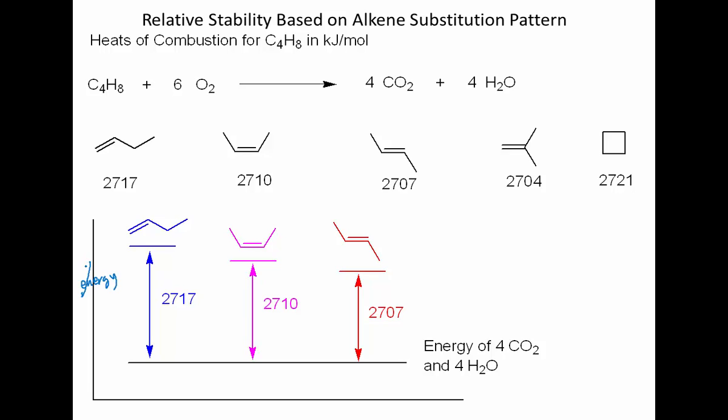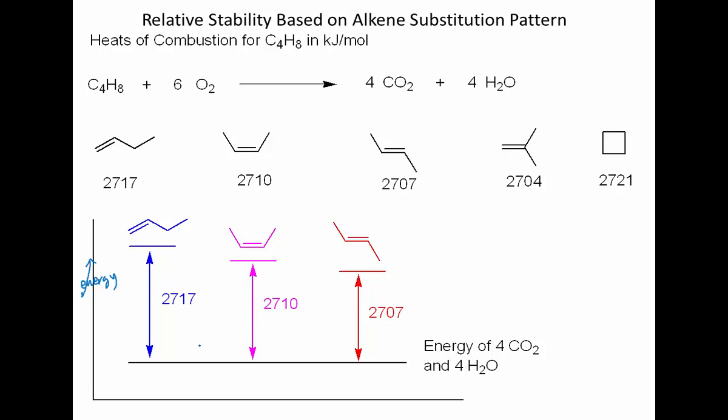So this is increasing energy on the y-axis, remember. What we see is that the higher heat of combustion one, which is the monosubstituted alkene at 2717 kilojoules per mole, is higher in energy than the cis alkene, which is higher in energy than the trans 2-butene or trans 1,2 disubstituted alkene.